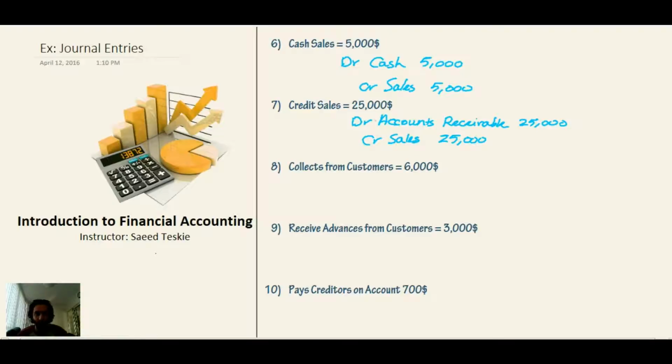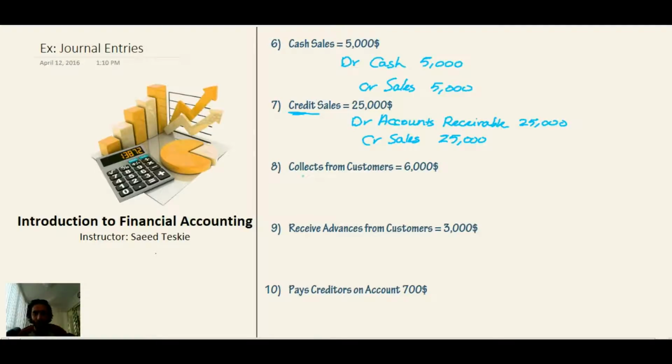If we got the cash or made the sales in cash, as you can see the difference, we would debit cash instead of accounts receivable, but because it's credit sales, we should debit accounts receivable.